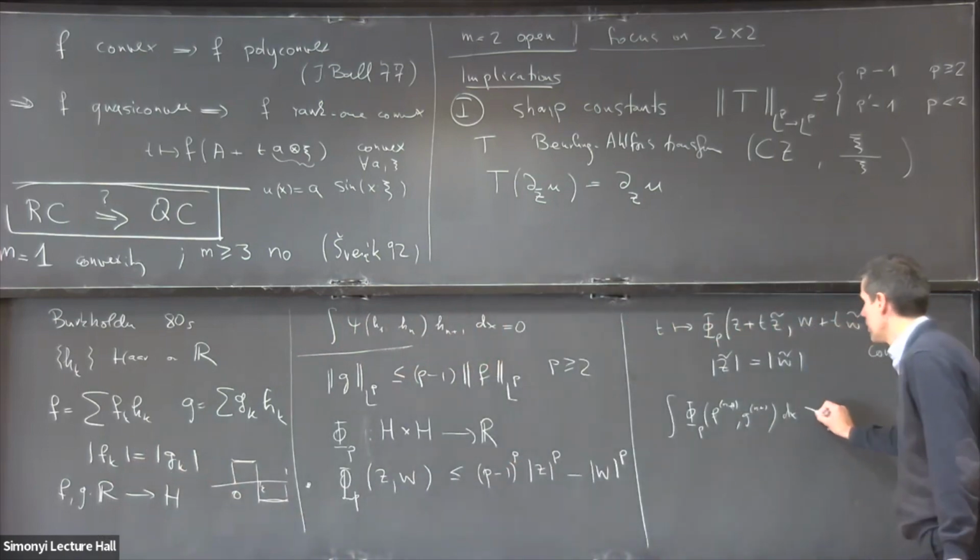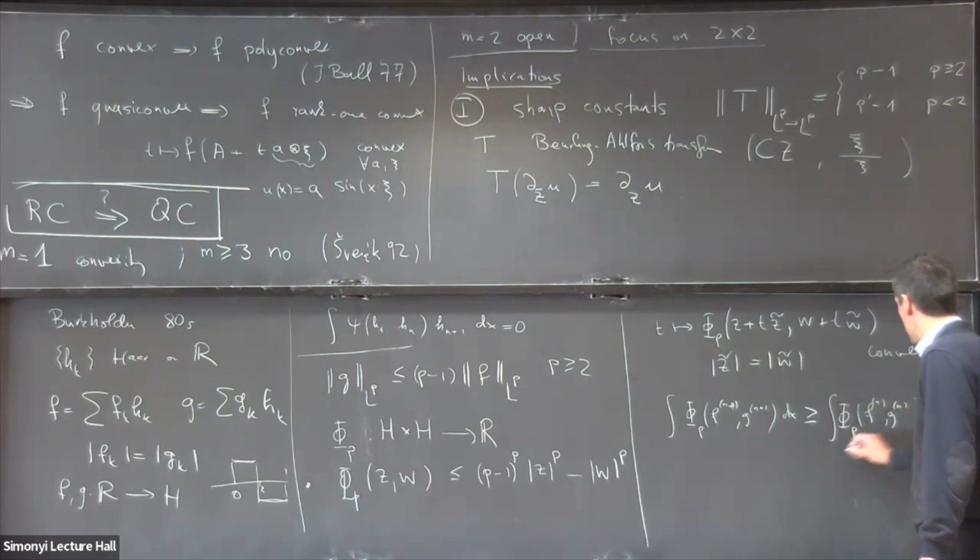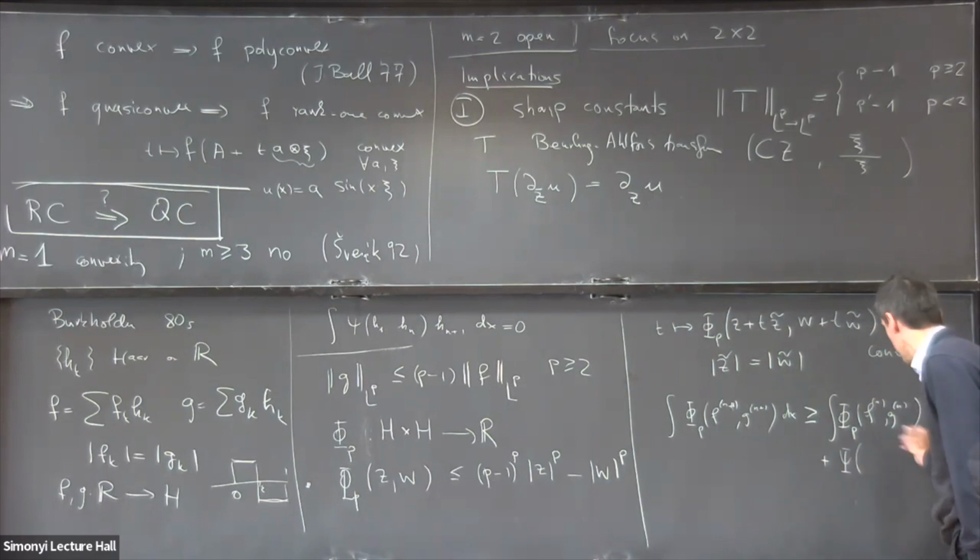So this is bigger than or equal to what we have with Fn, Gn, plus the derivative, which is some function depending on Fn, Gn, times the difference F_{n+1} minus Fn, G_{n+1} minus Gn, times H_{n+1}.